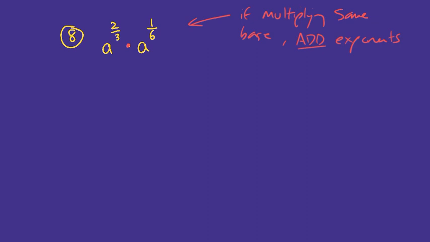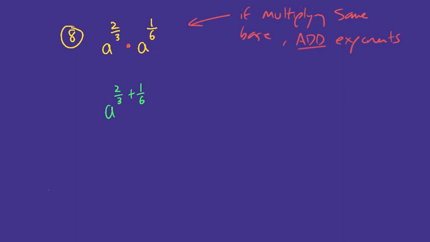That means we've got a to the 2/3 plus 1/6. And since most of these exponents are going to be fractions, you will need to know how to add fractions.